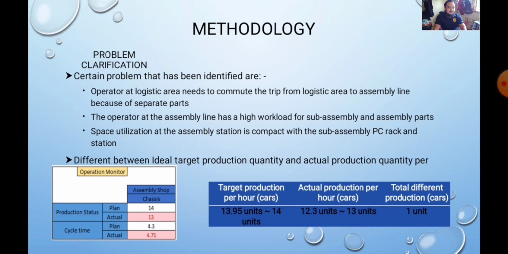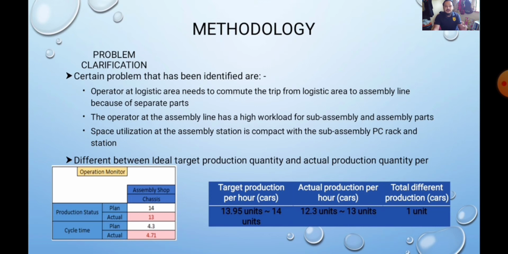So let's go to the problem clarification. Okay, basically based on the observation that has been carried out to list all the problems that occur, we have identified certain problems.